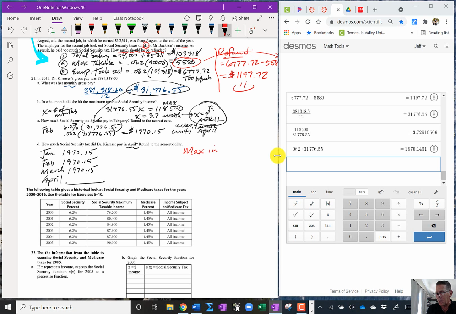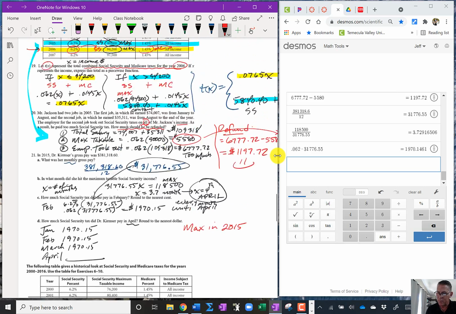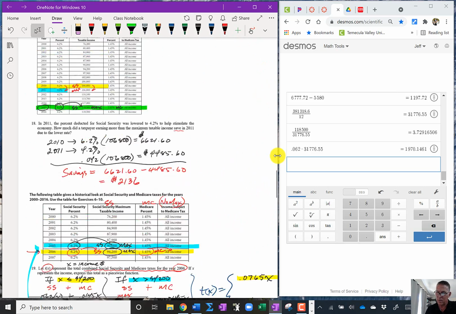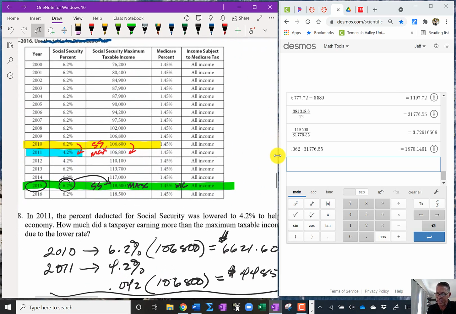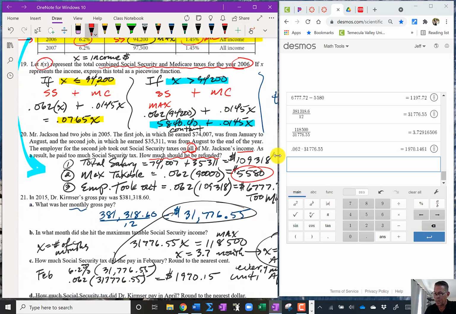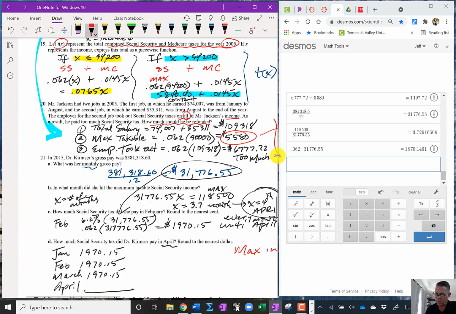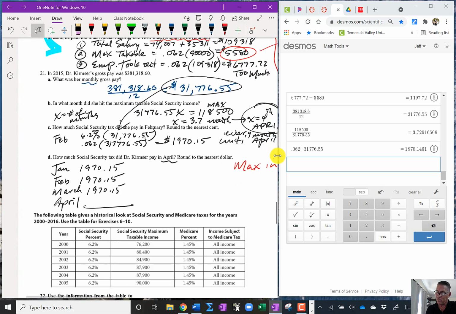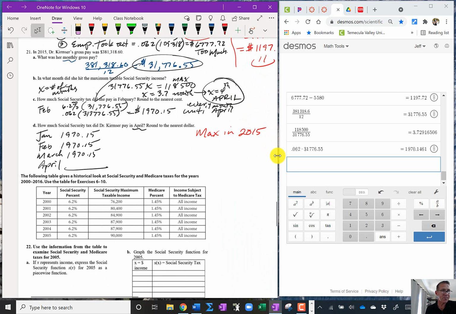So for the first 3 months, let's see if we get close to the max. Let's take 3 times 1,970.15. Notice we're getting close. If we change that to 4, we're over the max, so let's change it to 3. This combines to $5,910.45. So April should be the difference between the two.